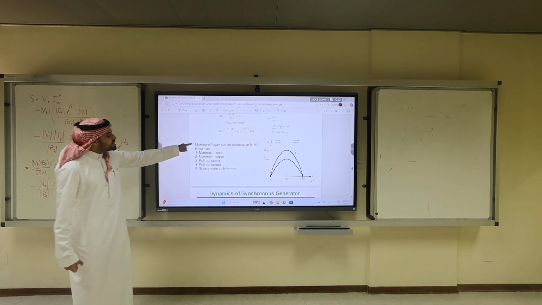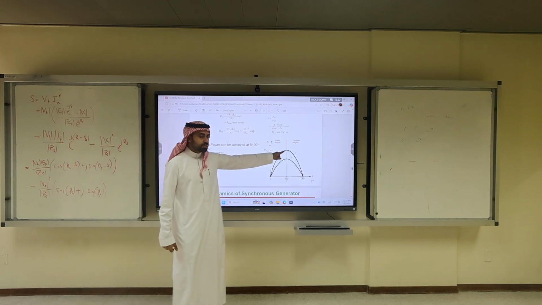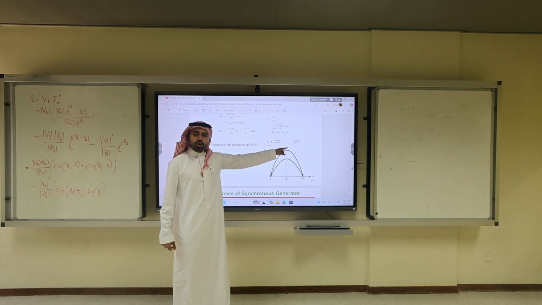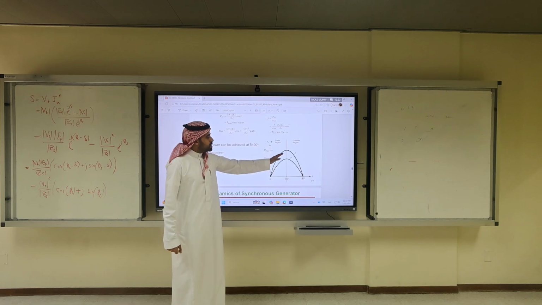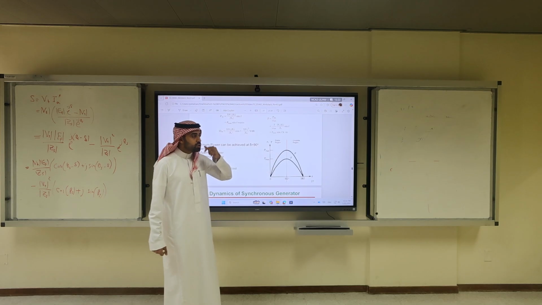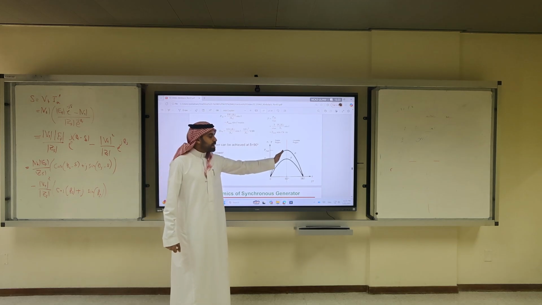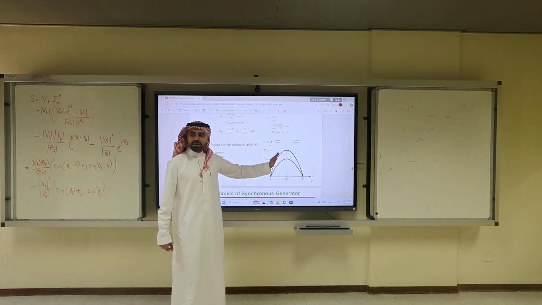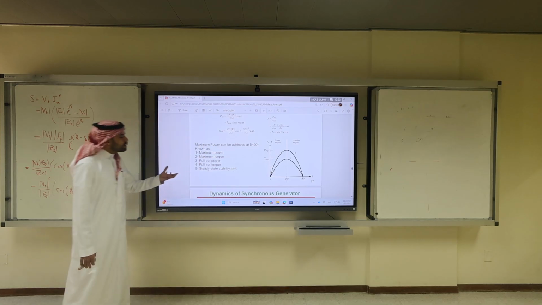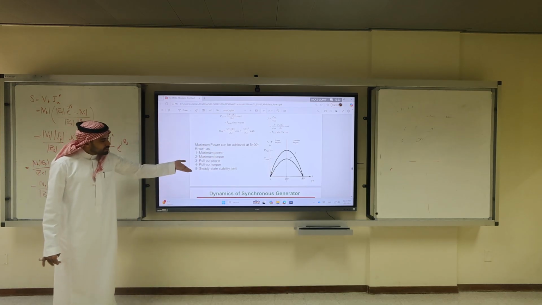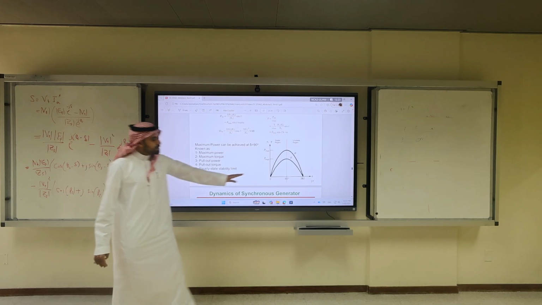However, the maximum power can be achieved where? At 90 degrees. Should you operate your generator at maximum power all the time? No. These are rare conditions, as maybe if there is a huge demand, maybe we can operate at 85, 80, but we have to be very careful. There are different names for this region at 90 degrees.